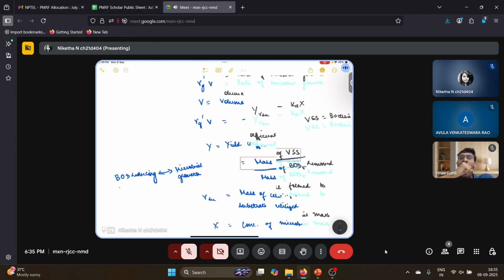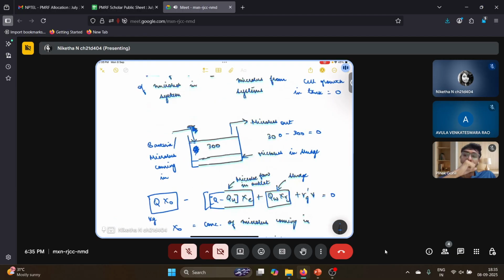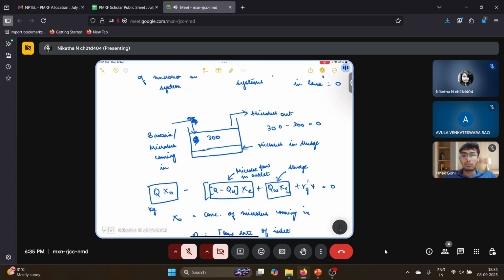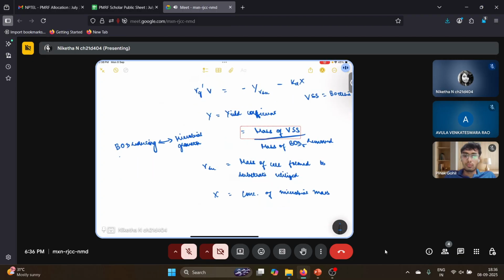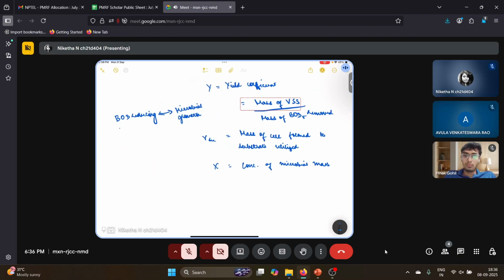Okay, in the activated sludge process, we don't just have to worry about microbes. We also have to look at how much oxygen is required for their growth.